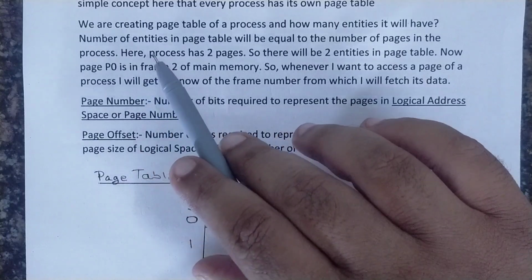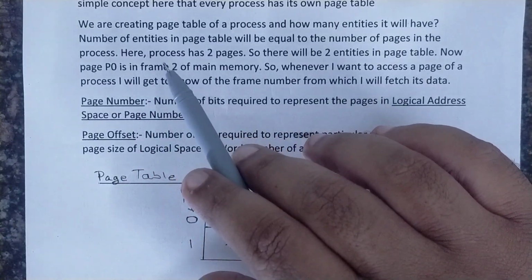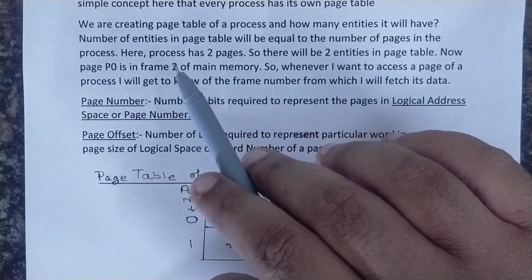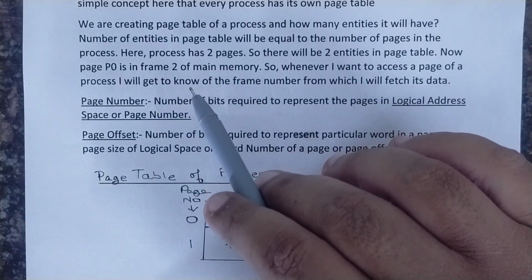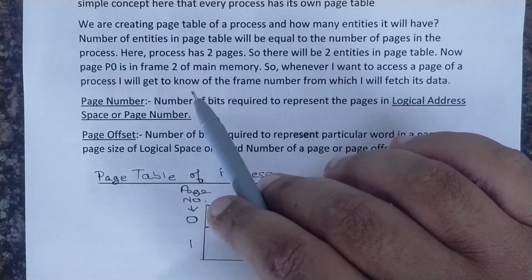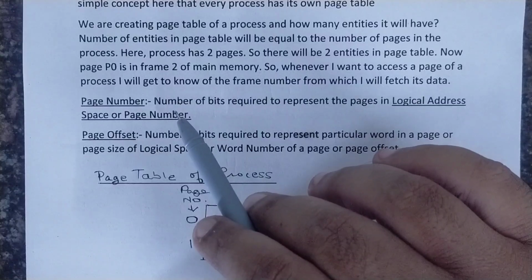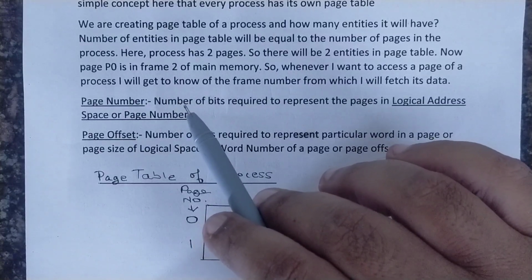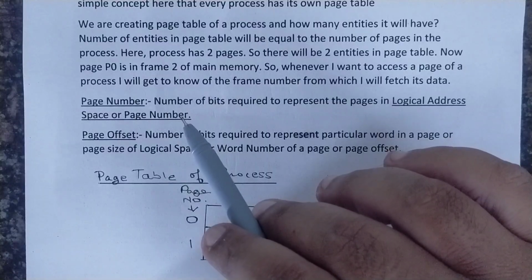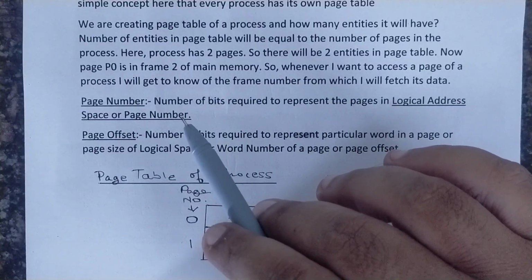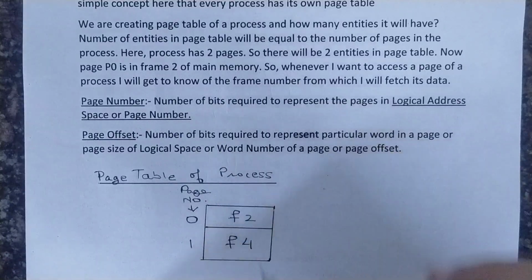Actually, the number of entries in the page table is equal to the number of pages in the process. Here a process has 2 pages, so there will be 2 entries in the page table. So when we need to access a page of a process, we should know the frame number from which to fetch the data, using the page table by the memory management unit.